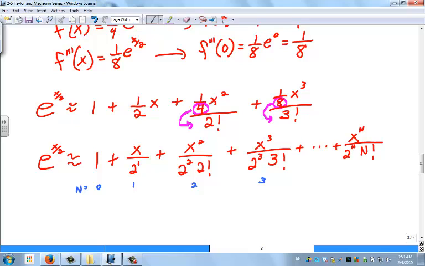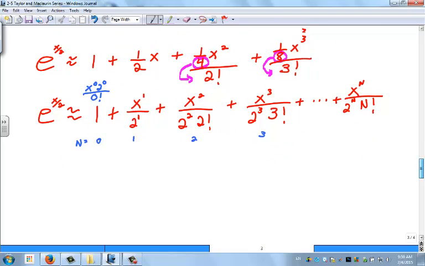Now go back to 0, make sure that works. So if we do it at 0, does that formula work? X to the 0 times 2 to the 0 over 0 factorial. Does that equal 1? Yes, it does. So you're in great shape. It actually works for every single term, and so that would be your formula for this Taylor polynomial.